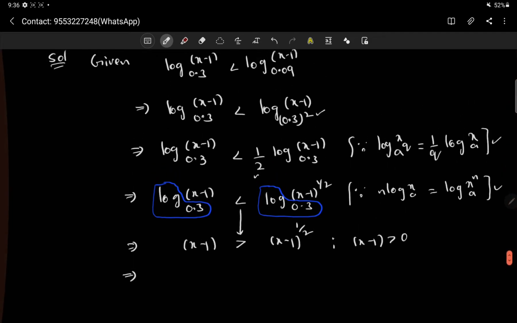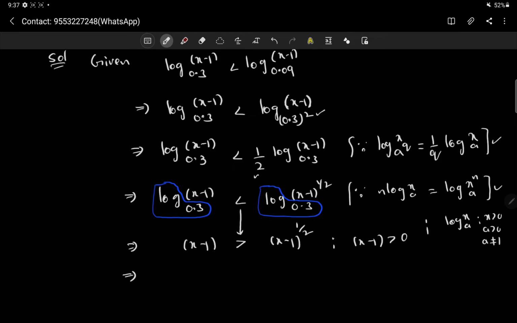Within a log you should have positive numbers only. I have given this at the starting of logarithms. Suppose log x base a: x should be more than 0, a also should be more than 0, and a should not be equal to 1.